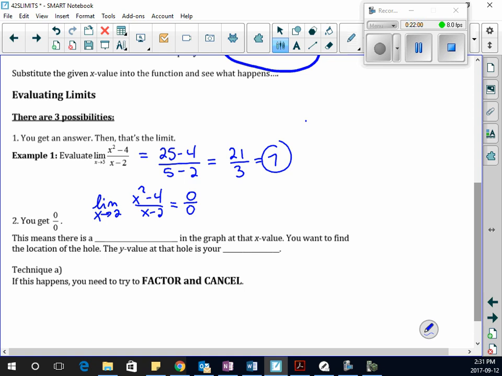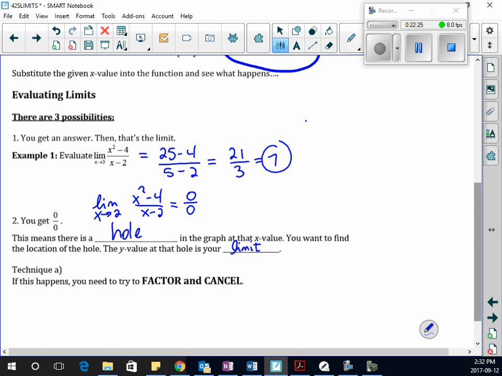A hole. This means there is a hole in the graph at that x value. You may want to find the location of that hole. The y value at that hole is your limit. So how do we do that? The first technique is you try to factor and you try to cancel. And this is what we did in grade 12 pre-cal, right?